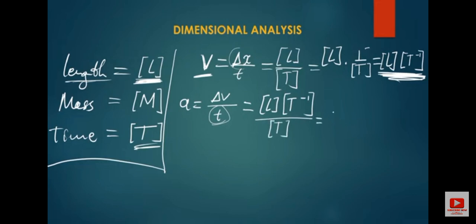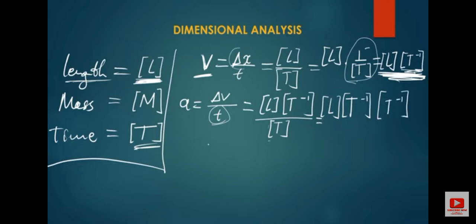So this can also be written as L, then we have T, then we have this T. When we take it on top, like if you check this situation we had there, it became T to the power negative 1. So I can write another T to the power negative 1 this side.